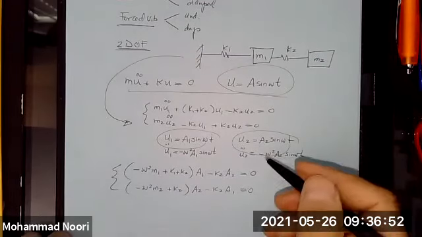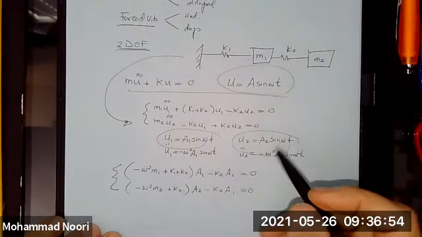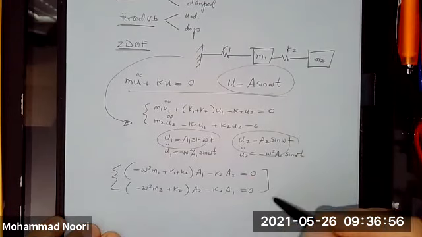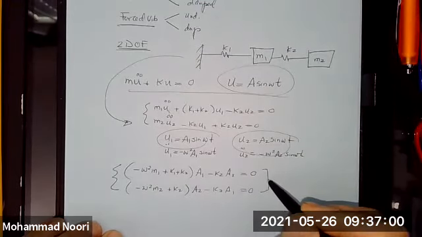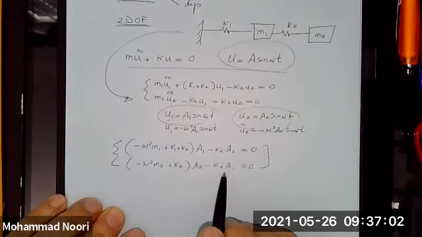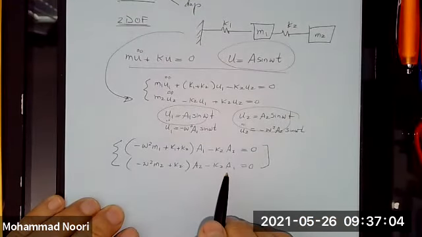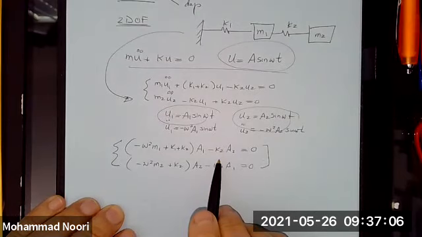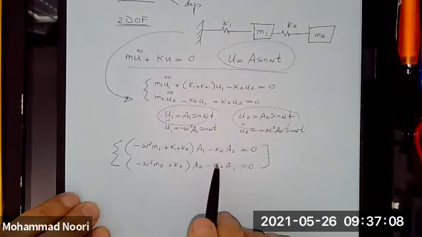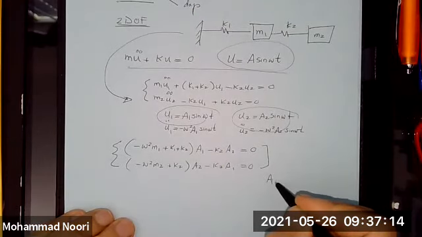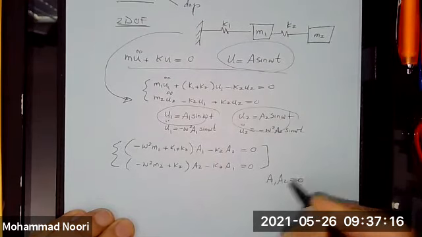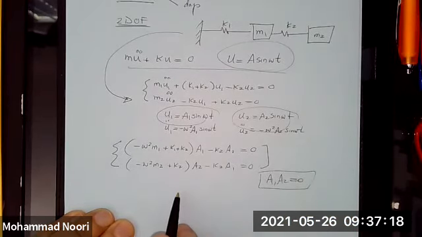Remember from your linear algebra or calculus, if you have a homogeneous set of simultaneous equations, in order for this set of equations to have a non-trivial solution, because the solution to this is obviously A1 and A2 equal to 0, which satisfies this.